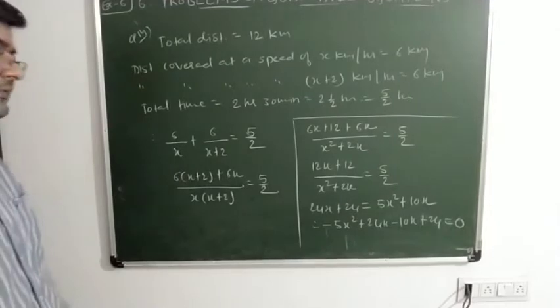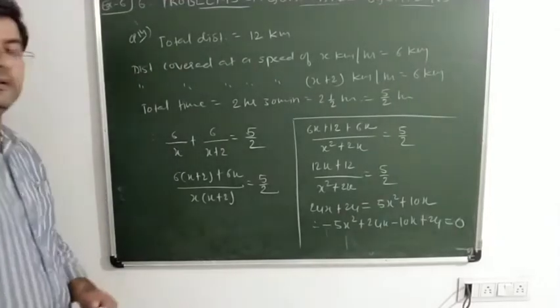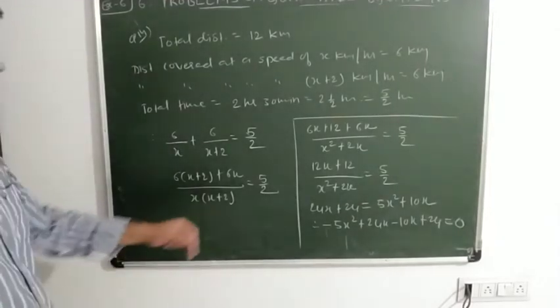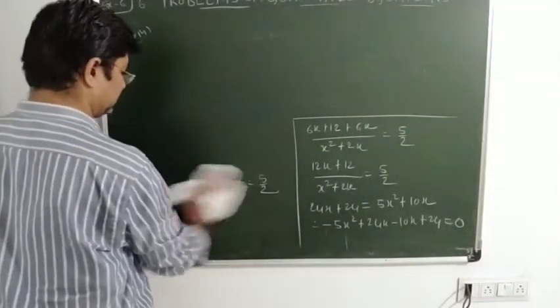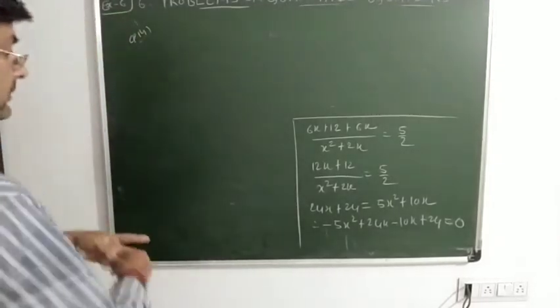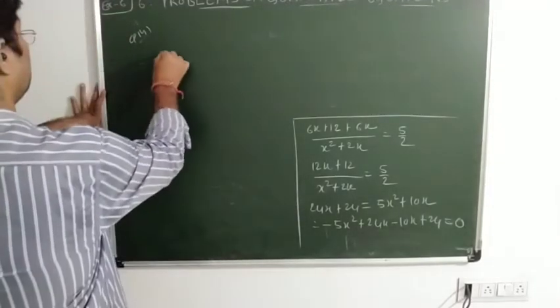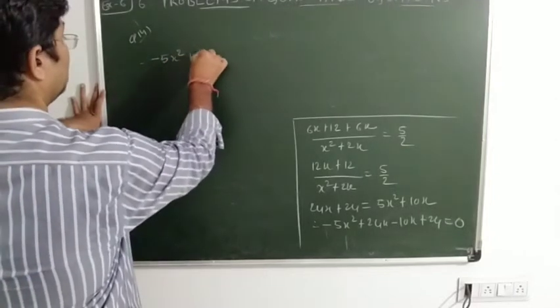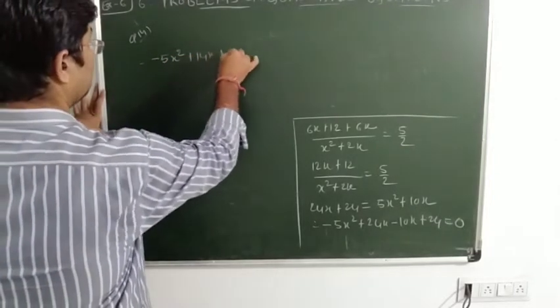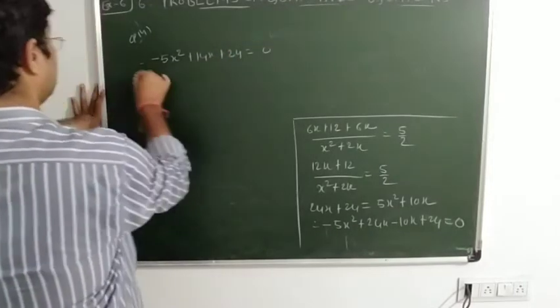Now let us simplify the equation. Therefore minus 5x square plus 14x plus 24 is equal to 0.